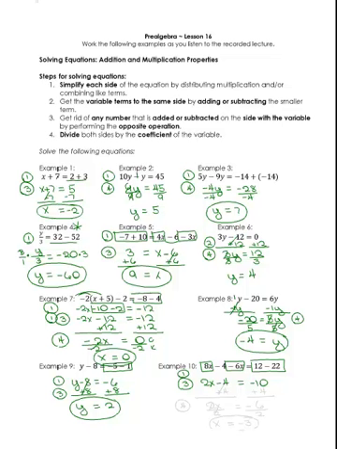So I add 4 to both sides to get rid of a negative 4. And I end up with 2x equal to negative 6. Final step is number 4. Divide by the coefficient of the variable. That gives me an x, and it's equal to negative 6 divided by 2, or negative 3. And that would be my answer.